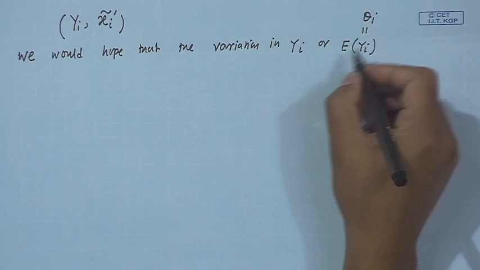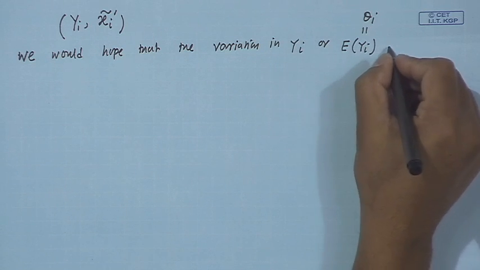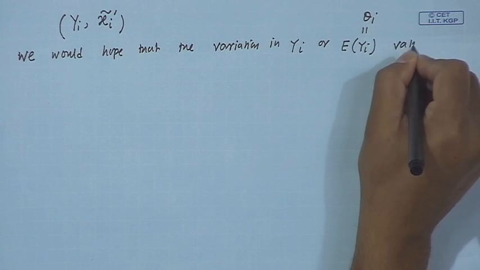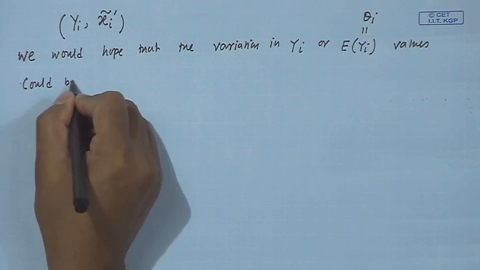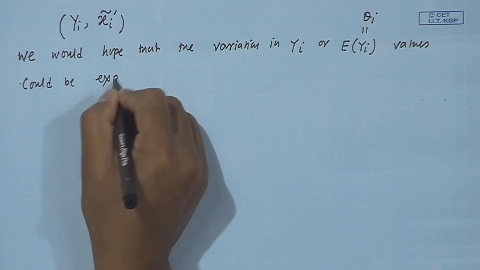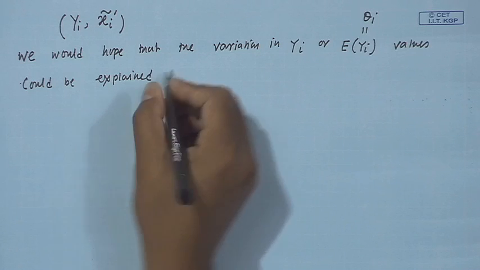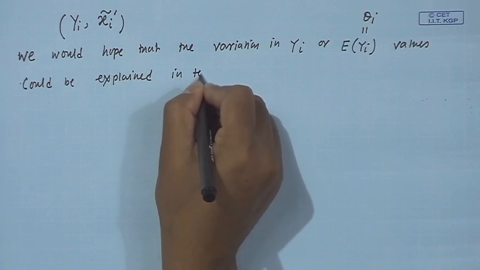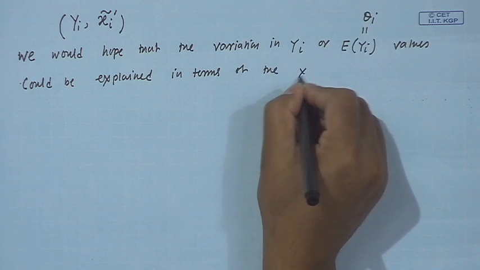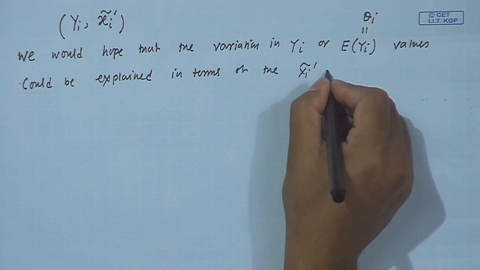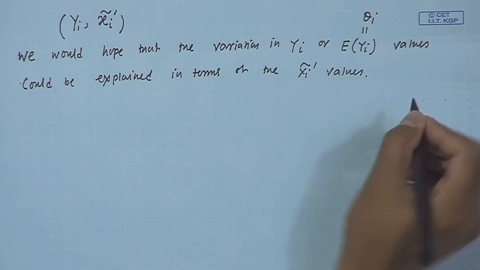So, the variance in y i or theta i values could be explained in terms of the x i's values.